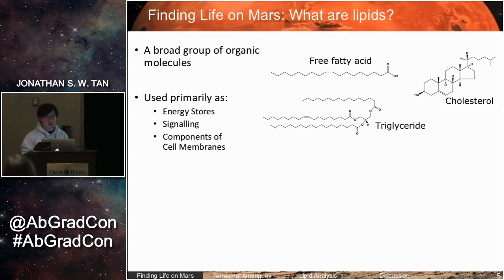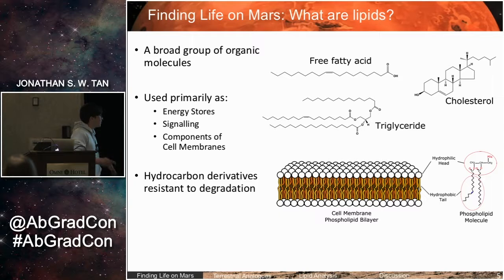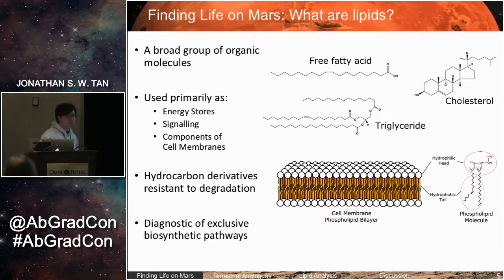They have a variety of functions in the cell, such as triglycerides as energy stores, glycolipids as signalers, and perhaps most importantly, phospholipids as the components of cell membranes, which means that as long as your organism had a cell membrane, it will have lipids. So similar to bones, the hydrocarbon derivatives of lipids are highly resistant to degradation, and lipids can be diagnostic indicators of different biosynthetic pathways or of different domains of life.